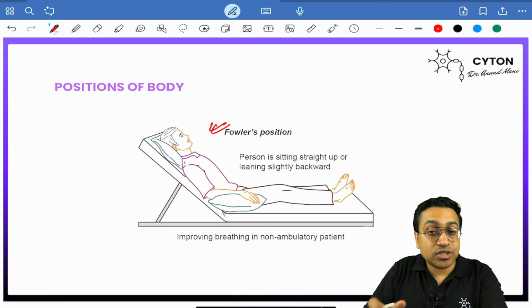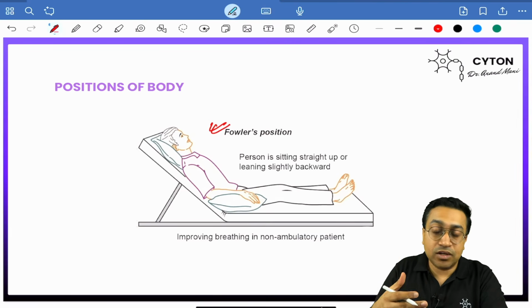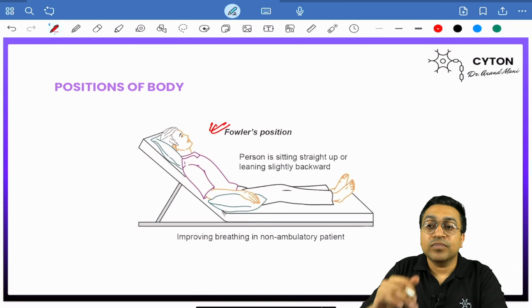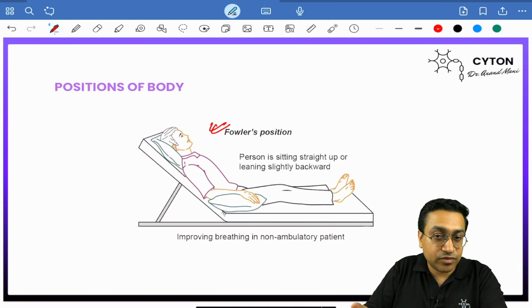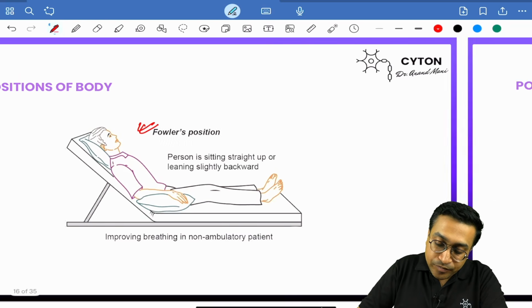So this position helps in improving the breathing in non-ambulatory patients and also increases the comfort during eating. So classically post-operatively the patients are kept in this position when they are eating, and it will improve the breathing, it will take care of the gastric upset if there is any, and it will be very important in those patients.